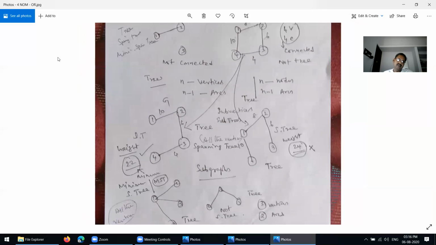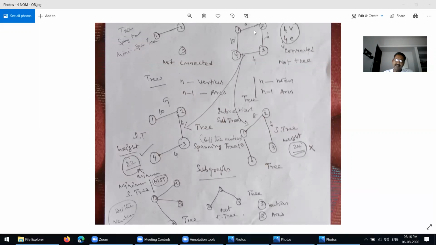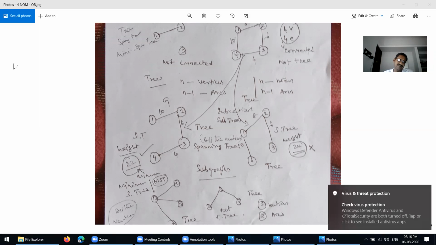Here is a small example of a spanning tree. A spanning tree must have n vertices.